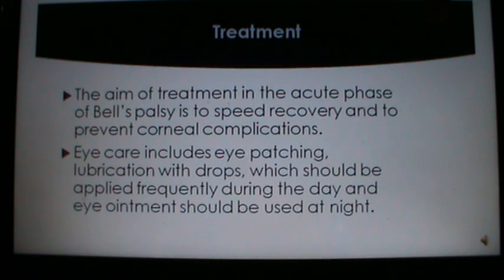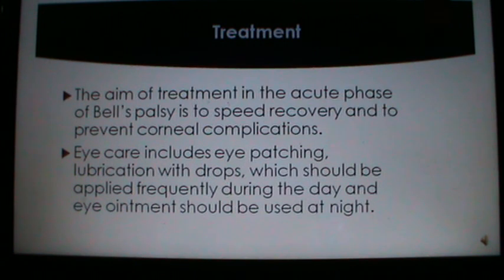The aim of the treatment in the acute phase of Bell's palsy is to speed recovery and to prevent corneal complications. This is important. Corneal complications or corneal ulcerations can form because there is difficulty in the closure of the eye on the affected side, and this may result in some corneal complications.